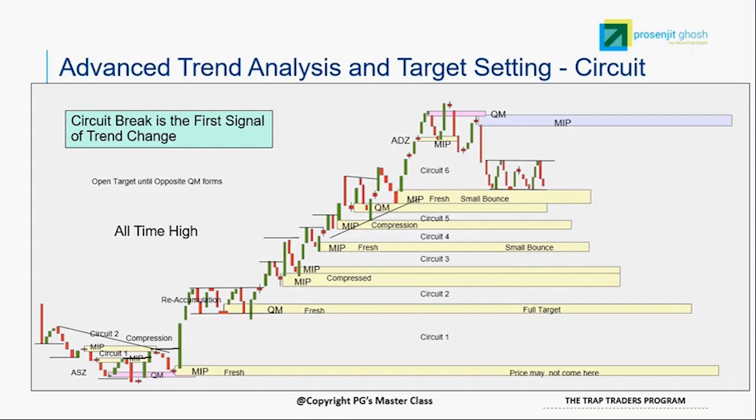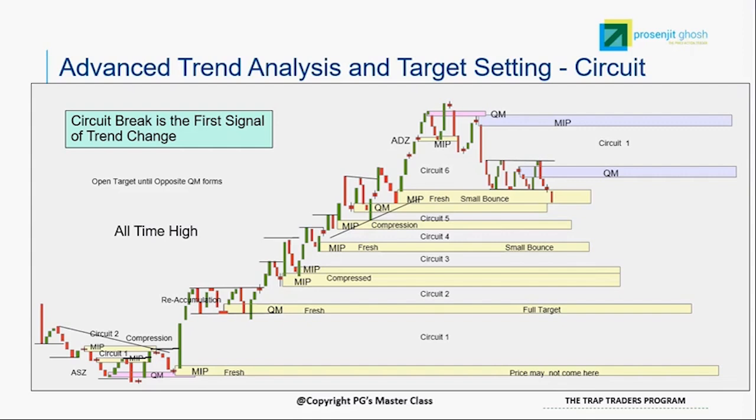This resistance might be created because of the hidden zone of the MIP, okay. Now price came down to the support again, and this time it fails and it engulfs the fresh MIP, okay. So once the engulf happens, we know that there is a supply QM formed with our distribution, and if price comes up, we can short.